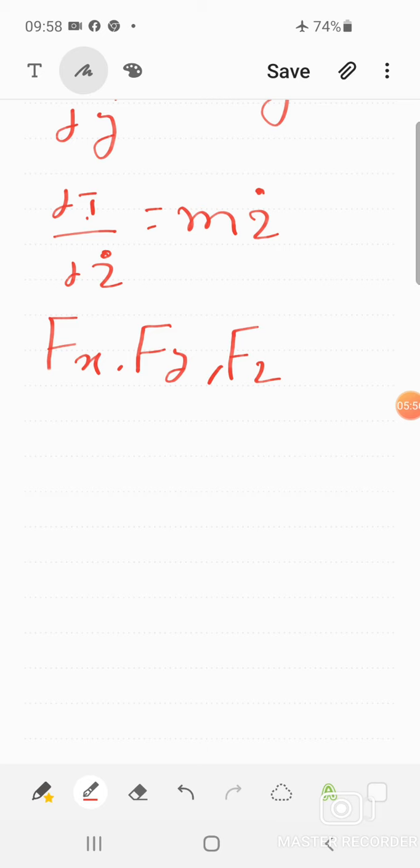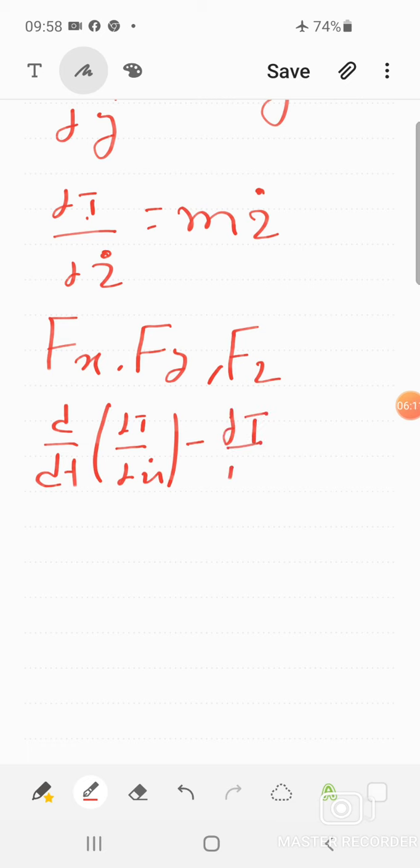Then the Lagrange equation is given by d by dt of curl T by curl x dot minus curl T by curl x is equal to Fx.